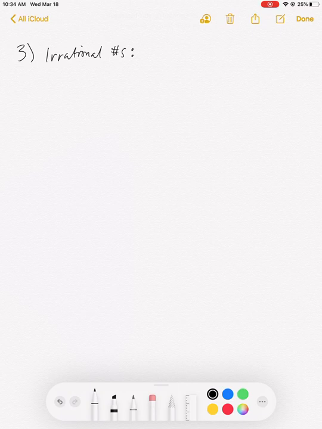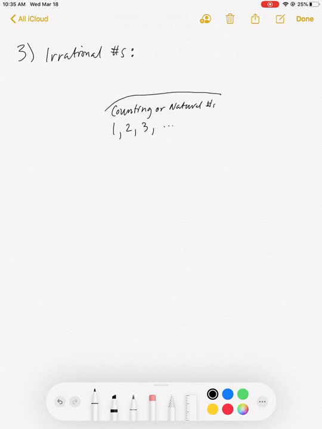The first set of numbers that are most basic are called the counting numbers or natural numbers. They are 1, 2, 3, and so on, going on forever. There are no fractions, no decimals, not even 0 is part of the counting or natural numbers. I'm going to put a circle around it.